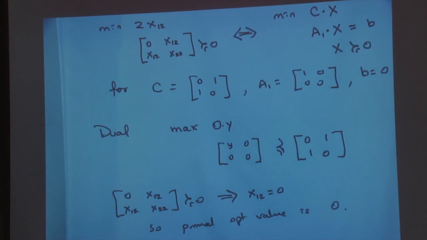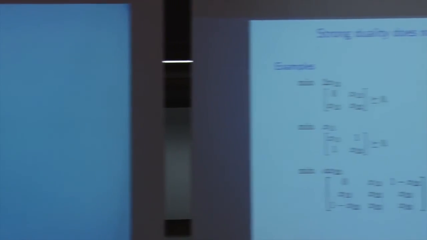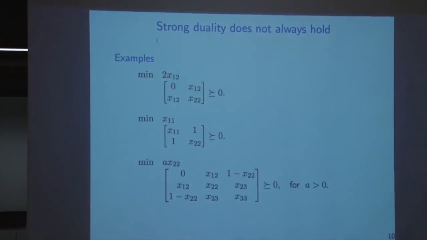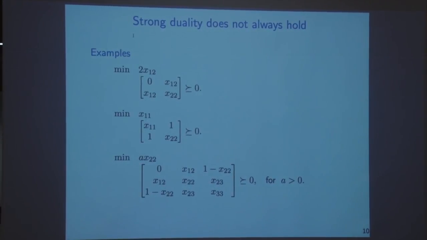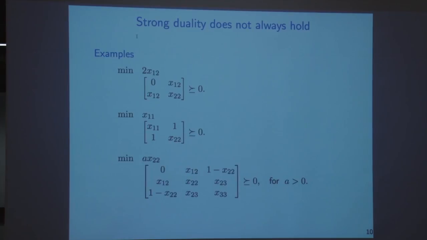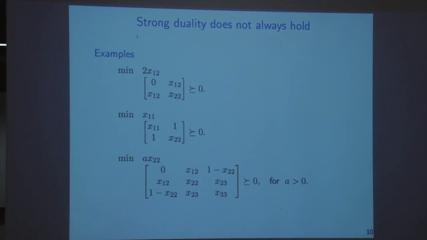Let me go through the second example. It is a little bit different, but still interesting because it shows a different type of subtlety that can appear in semi-definite programming. The second example is: minimize x11, subject to the matrix x11, 1, 1, x22 being positive semi-definite.